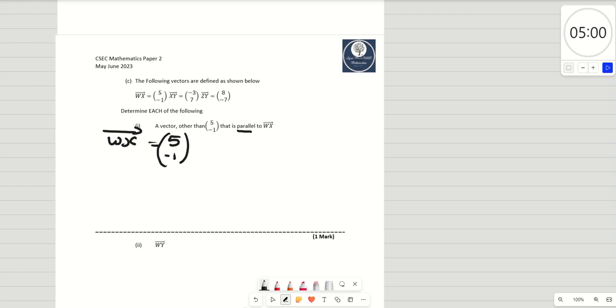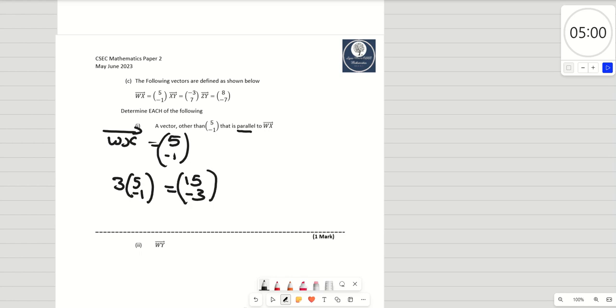I want something that's parallel to that, so you can take any number, it doesn't matter. Let's say 3. So you could say 3 by 5, minus 1, when this is a scale factor of this column matrix. You're multiplying the vector outside by each term. So that's 3 by 5 is 15, and 3 by minus 1 is minus 3.